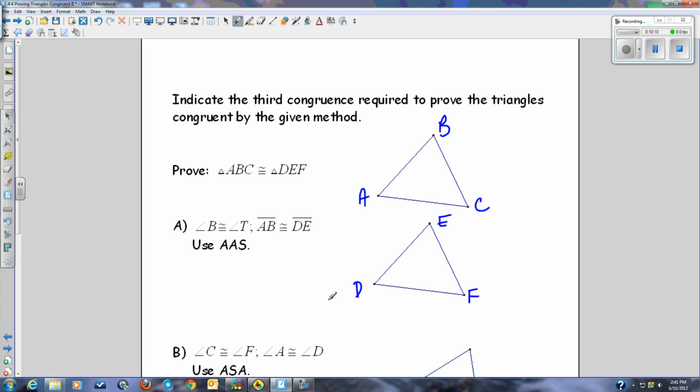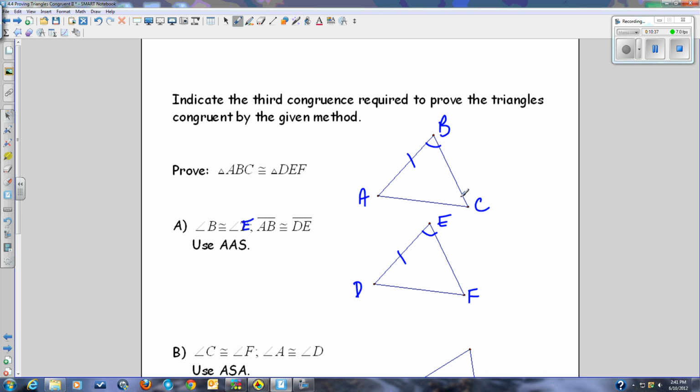Now, it says that we are given that angle B is congruent to angle, this should say angle E, by the way. That was a typo. So angle B is congruent to angle E, and segment AB is congruent to segment DE. And it's asked you to use AAS. So what's the third one that we need?